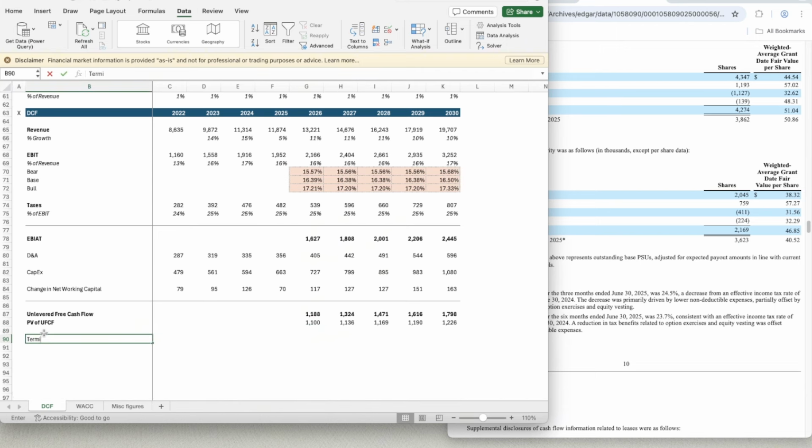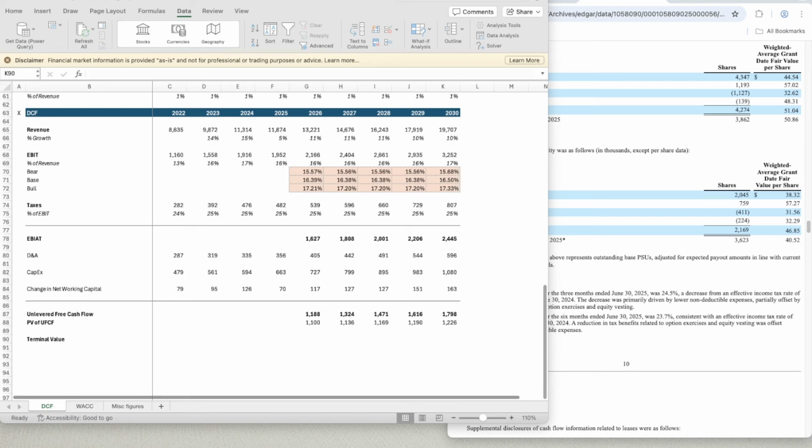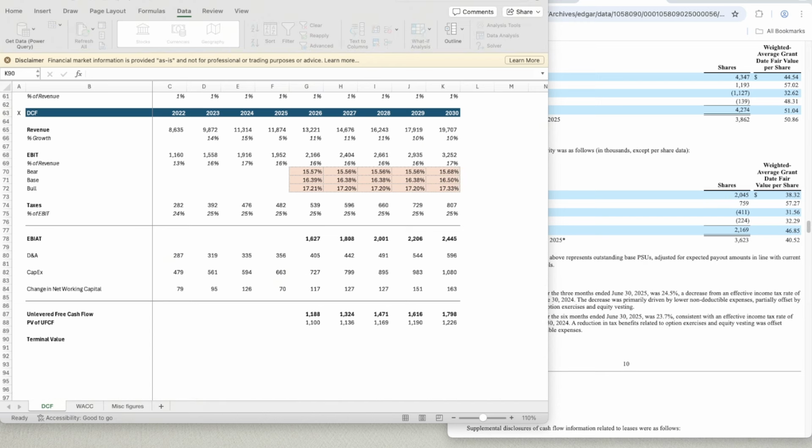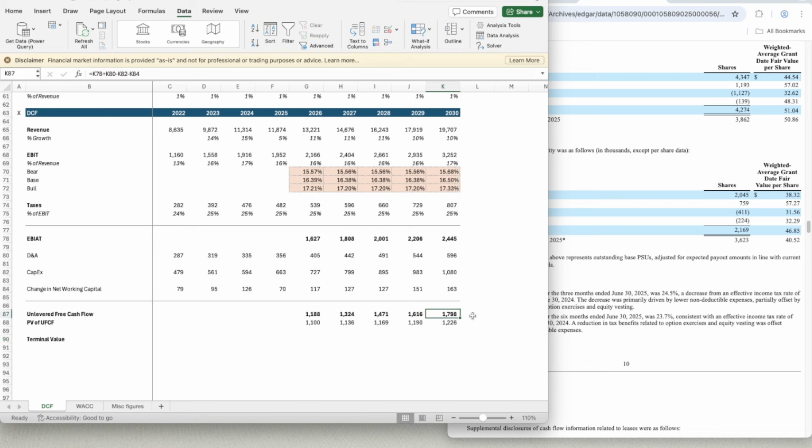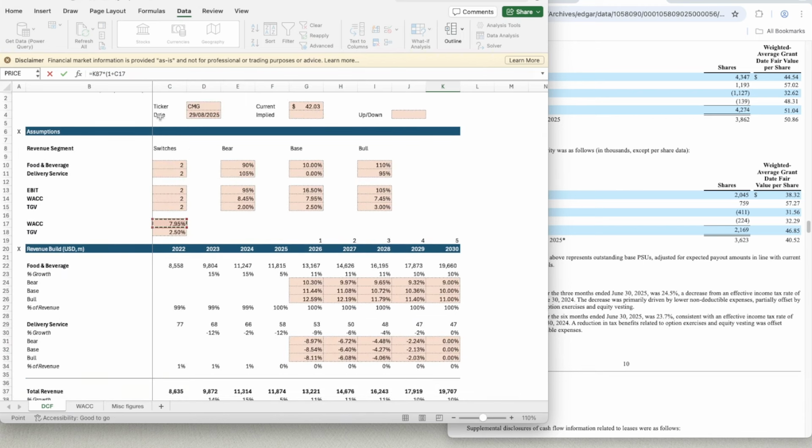Then we're going to find the terminal value. And that is done by taking the final year of unlevered free cash flow, and we multiply it by 1 plus the WACC, and then divided by the WACC minus the terminal growth value.